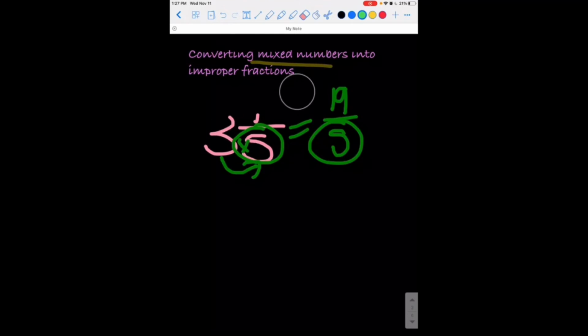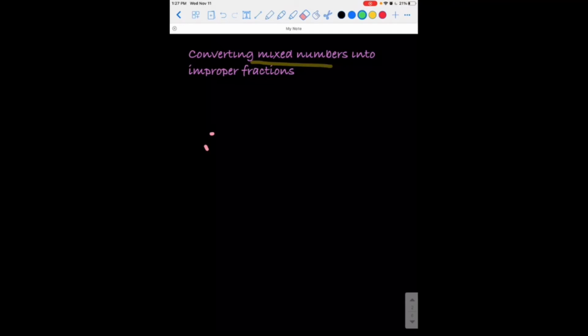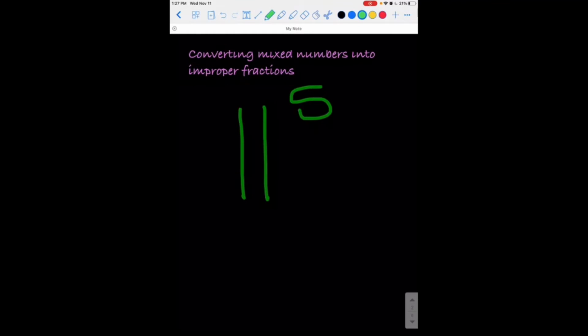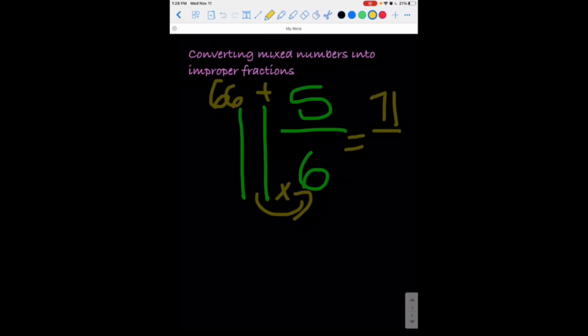Let's do just one more, a bigger one. Let me write it a little bit bigger: 11 and 5/6. So 11 times 6 gets 66, plus 5, which is 71 over 6. Remember, your denominator stays the same.